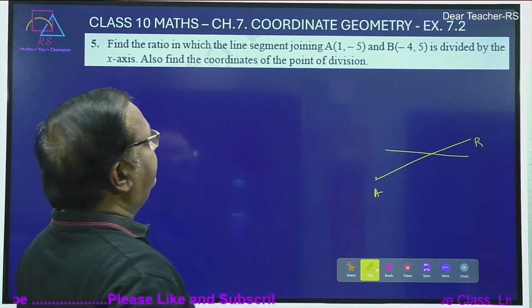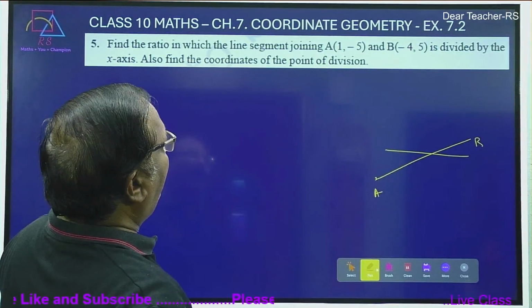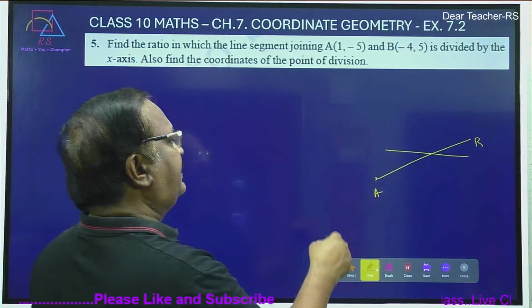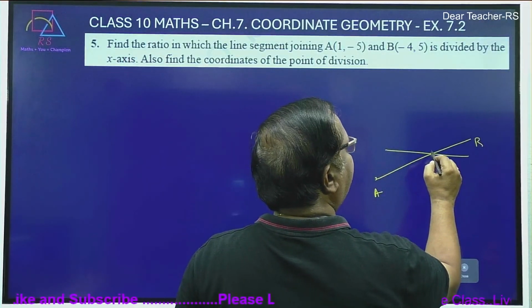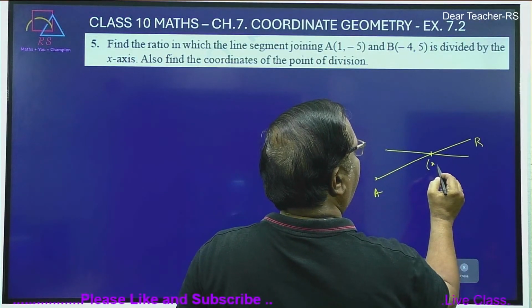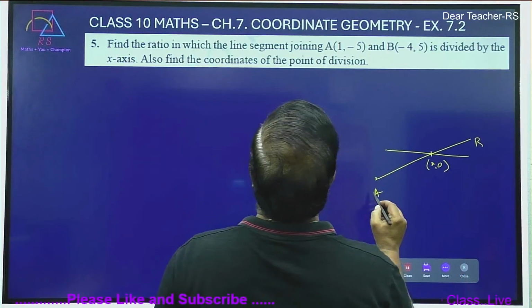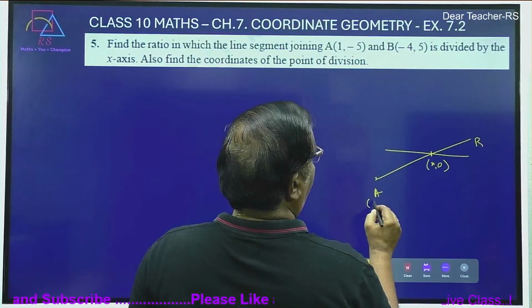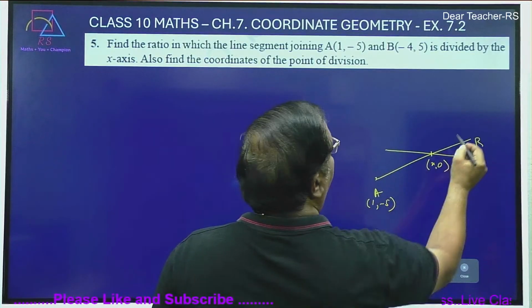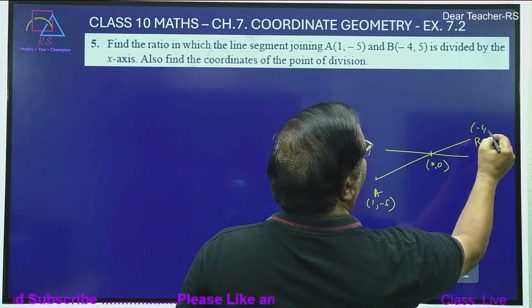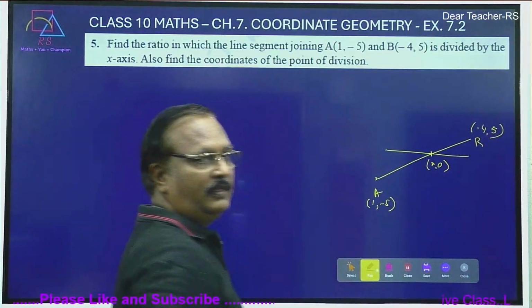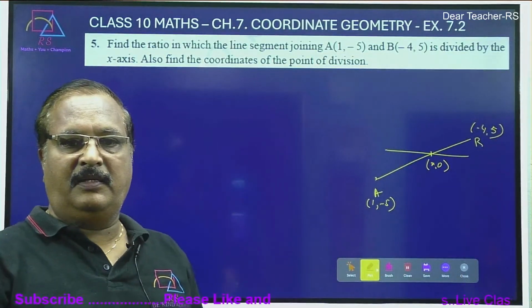So AB, and this AB is divided by x-axis. So that means on the x-axis y is 0. So x 0, and this is how much? 1 minus 5, and this is minus 4 5. Okay.